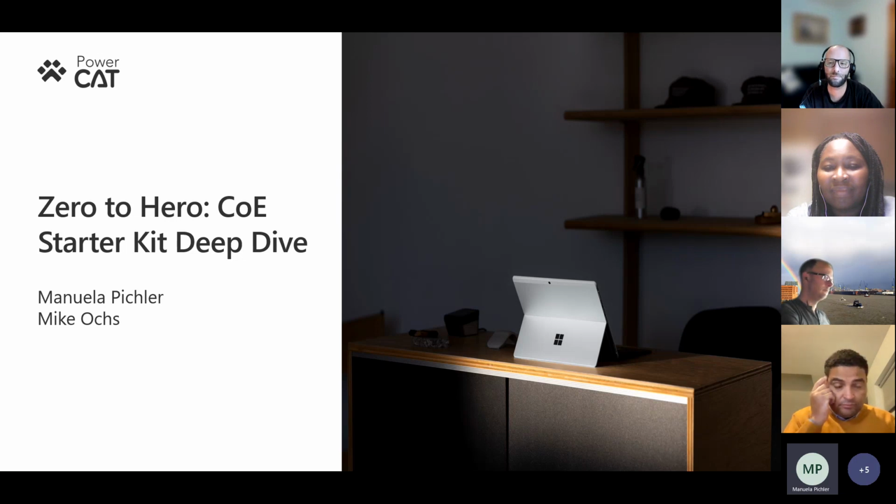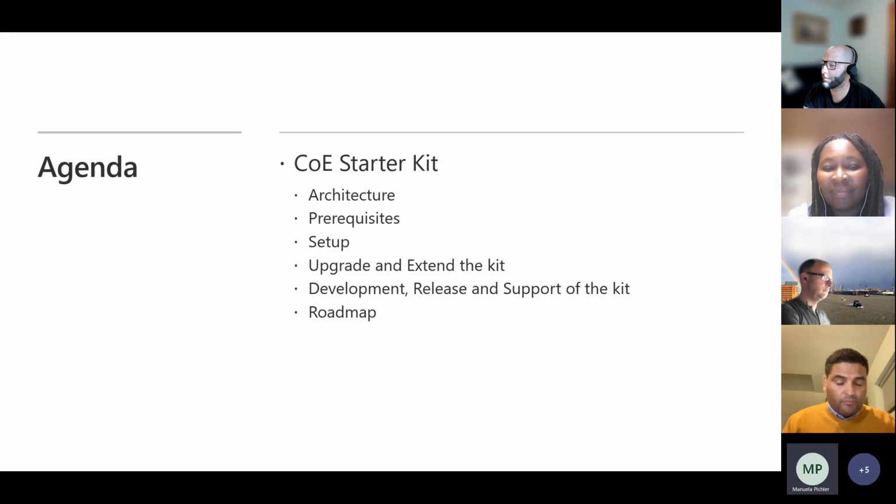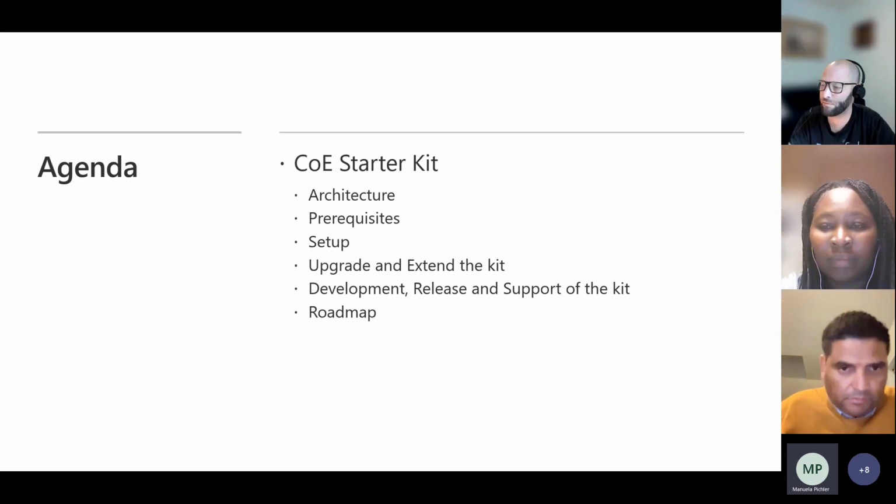So in the session last week, we really talked a lot about the features and components of the CoE starter kit, and provided an overview of what's in the kit and where to find documentation. Today in the deep dive, we'll dive into the architecture, what it takes to set it up, and configure the kit.